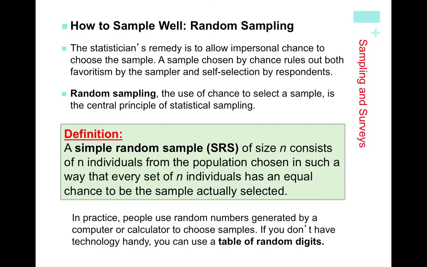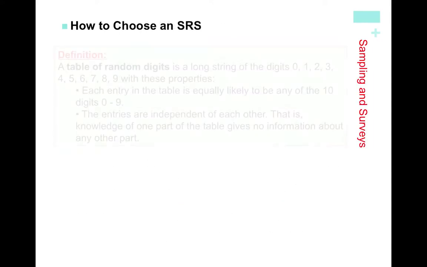If you don't have access to technology, you can also use a table of random digits. So the technology piece we're going to talk about in class, very easy. I'm going to quickly show you how to use a random digit table that is also part of your reference guide for the test.